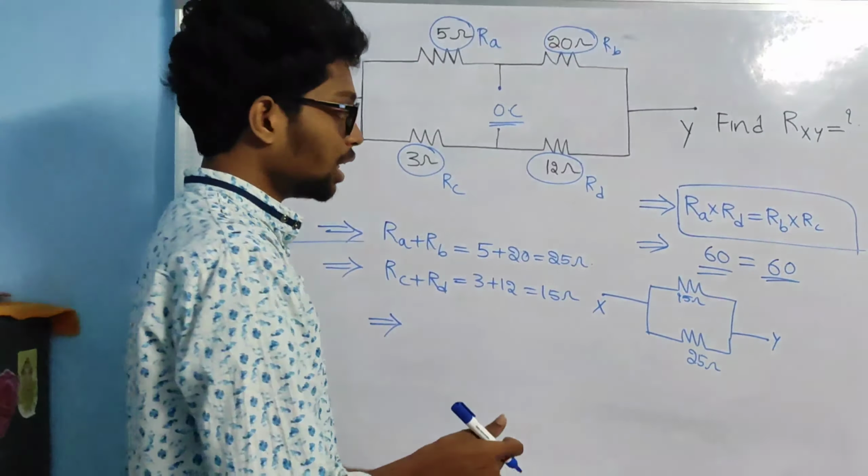Friends, for this problem I have taken open circuit. If you take the short circuit, I am just representing over here. If I take the short circuit, I have to take these two resistances in parallel, so that I get the equivalent resistance like this: RA and RC in parallel, 20 ohms and 12 ohms in parallel, so RB parallel RD.